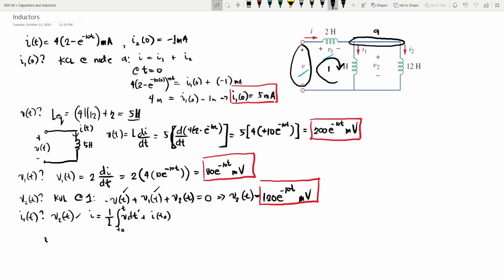Now for I1 of t, we have 120 over 4 integral of e to the negative 10t dt evaluated from 0 to t, plus the initial value of I1, which is 5 milliamperes.